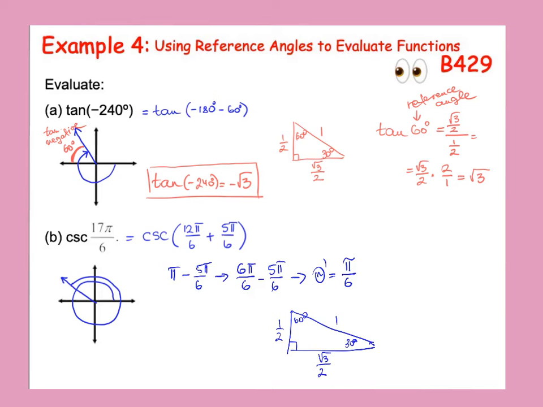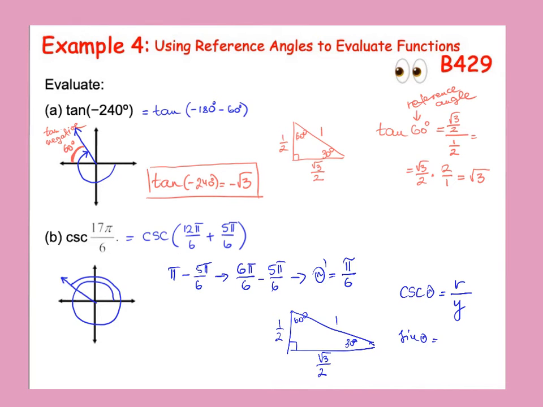The cosecant function is going to be radius divided by y, because it's the reciprocal of the sine function. So our radius is going to be 1, and then our y value is, well, let's go ahead and figure out first our sine theta.